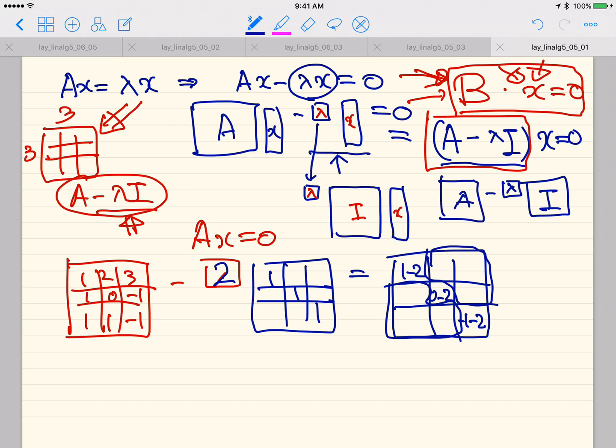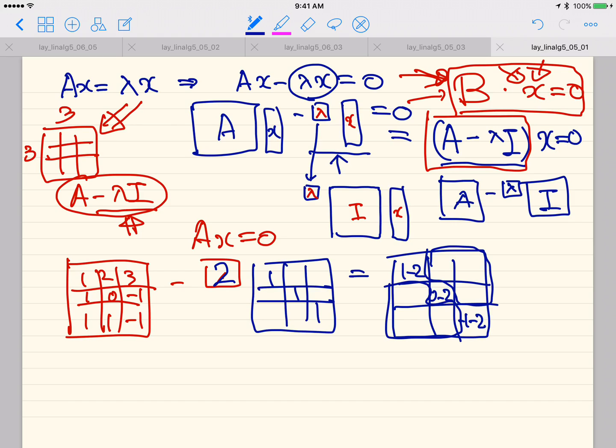Now let's talk about how we can actually find such lambda to make A minus lambda I singular or non-invertible or having linearly dependent columns. All of them are the same thing, right?